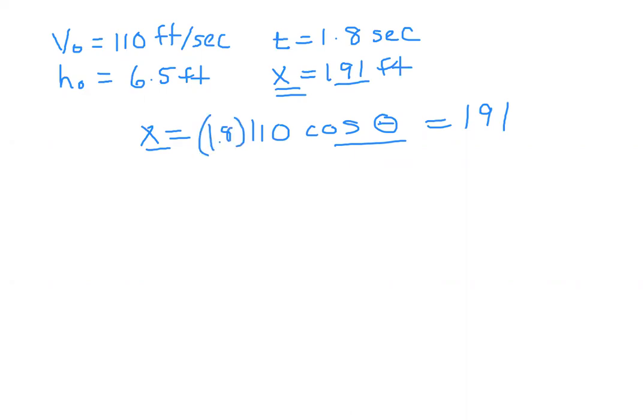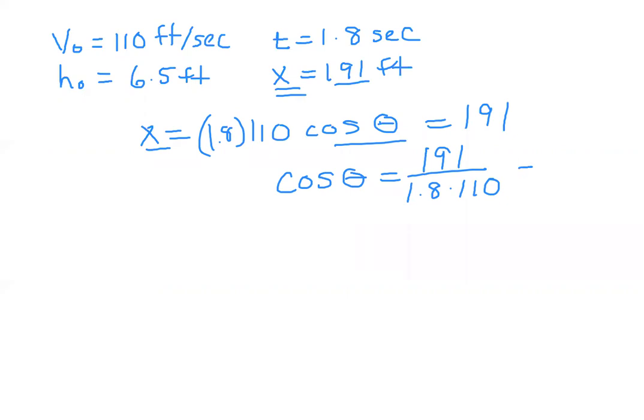1.8 times 110 cosine theta equals 191. So cosine theta is going to equal 191 divided by 1.8 times 110. You can put that in your calculator and then use the inverse cosine button.